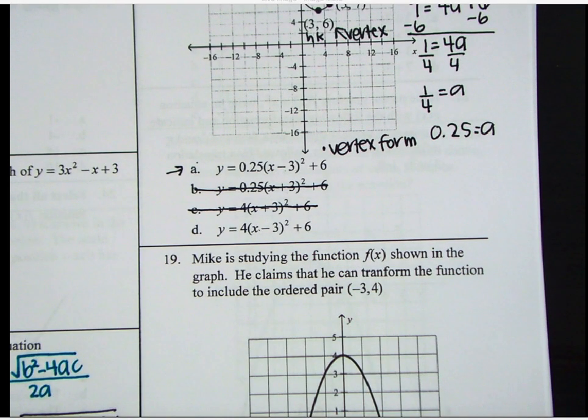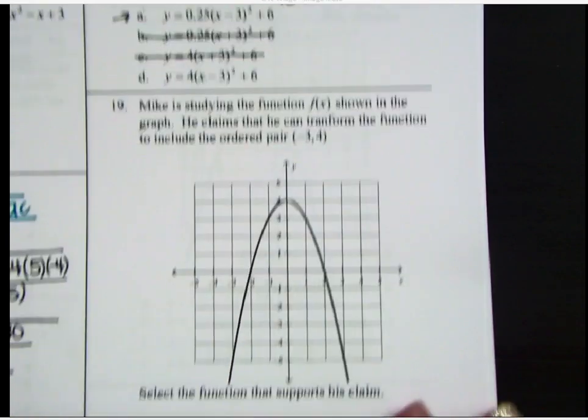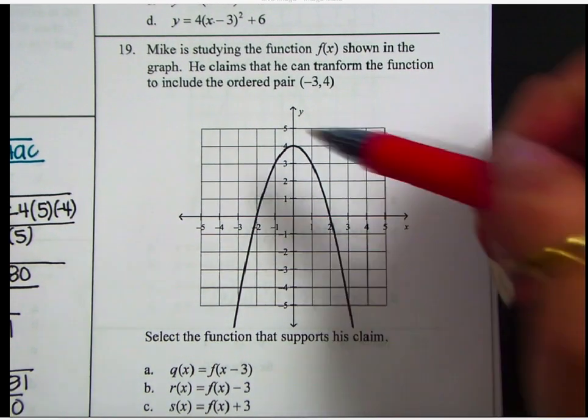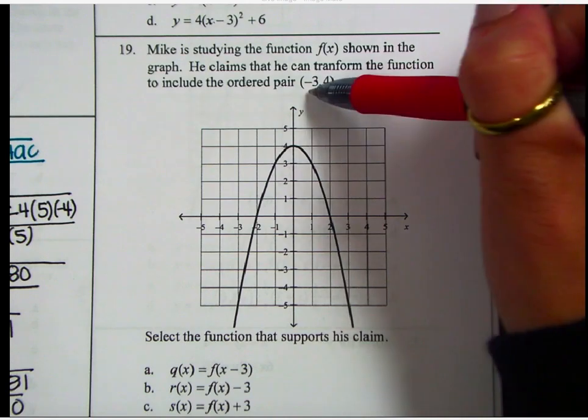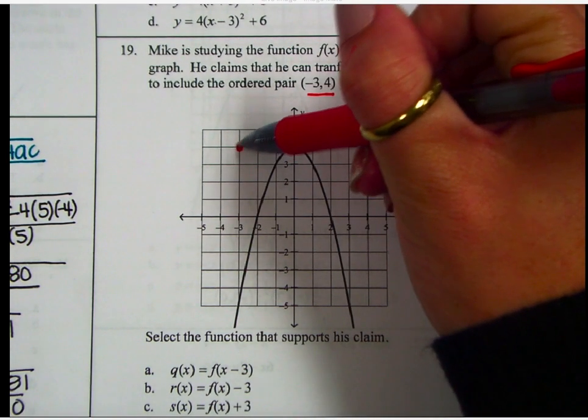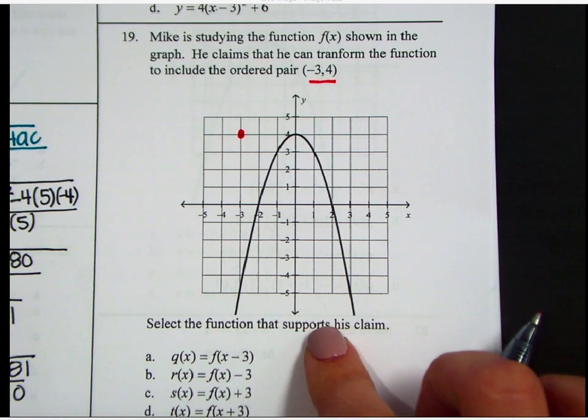Okay, number 19. Mike is studying the function shown. He claims that he can transform the function to include the ordered pair negative 3, 4. So negative 3, 4 would be here. We're going to select the function that supports his claim.